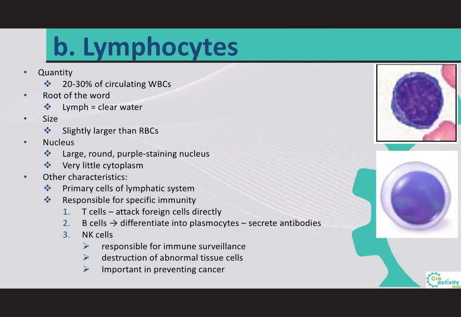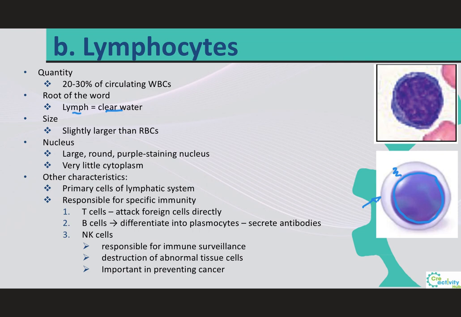Next, we have the lymphocytes. A typical lymphocyte has very little cytoplasm, as we can see over here from this image, with just a thin halo around a relatively large, round, purple staining nucleus. In fact, the word lymph means clear water, and this is exactly what's represented here on this image.